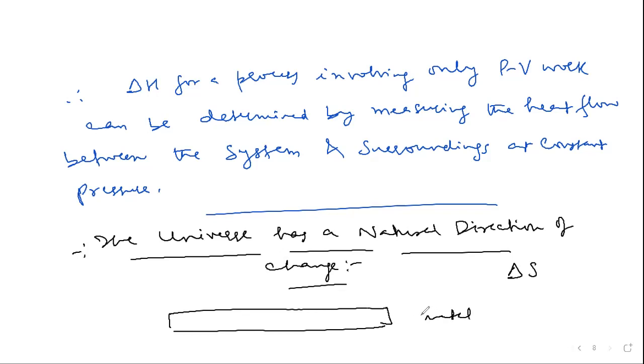If I have a metal rod initially at a uniform temperature, so throughout initially it has the same temperature, this metal rod in principle could undergo a spontaneous transformation.